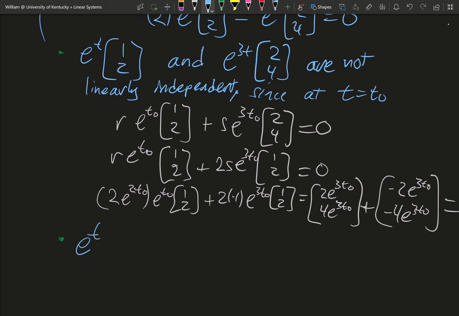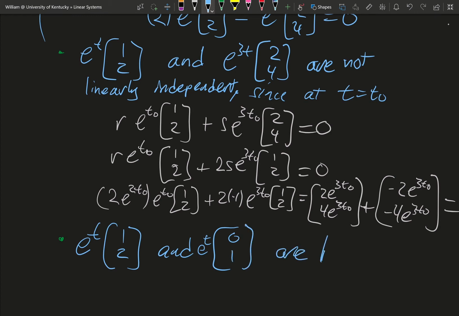e to the t times (1, 2) and e to the t times (0, 1) are linearly independent.